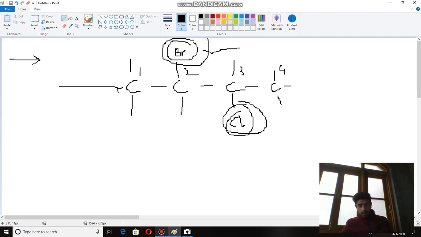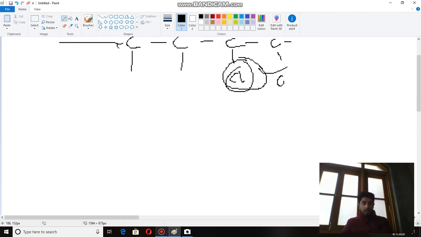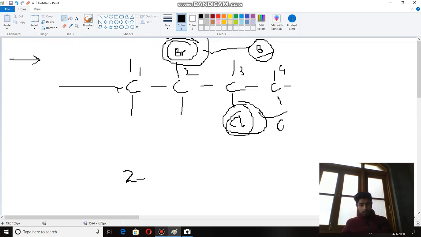See, here comes the rule of alphabetic order. This bromine starts with B and this chlorine starts with C. B comes first, so we have to name this bromine first. See, at 2 what we have? Bromine, so it's bromo, BROMO. And at 3 we have chlorine, so it's chloro.